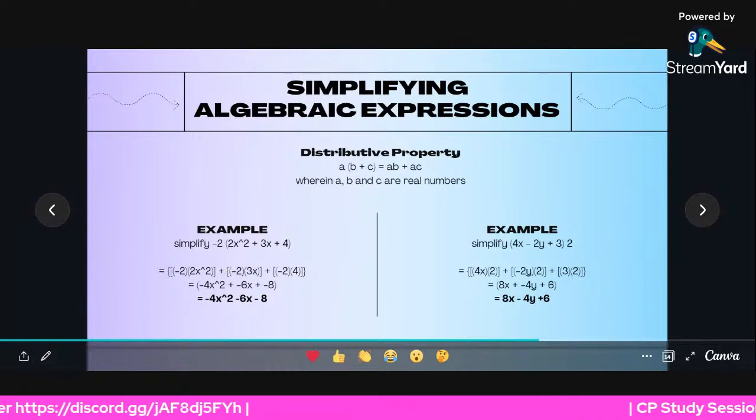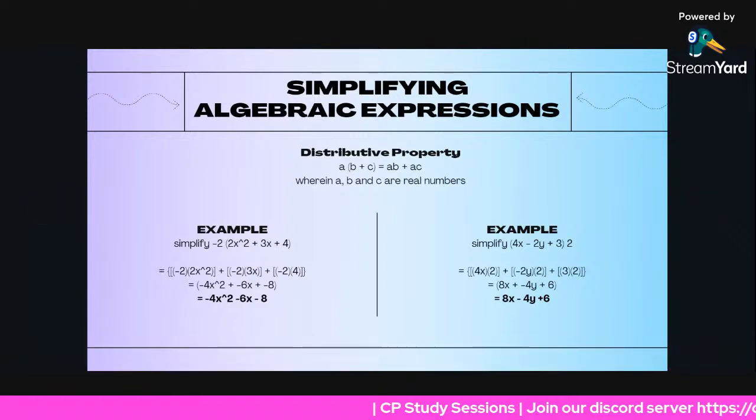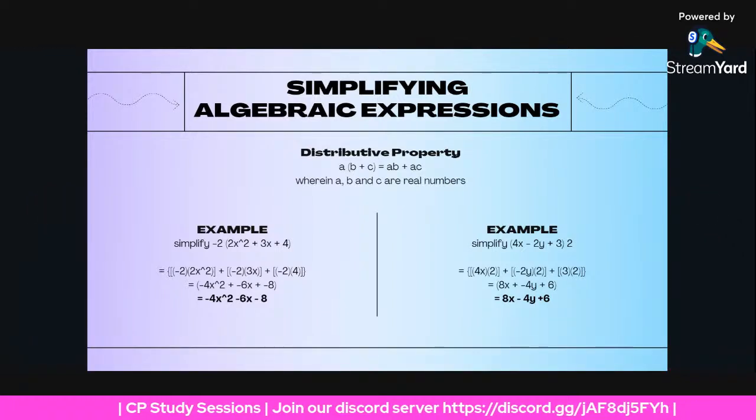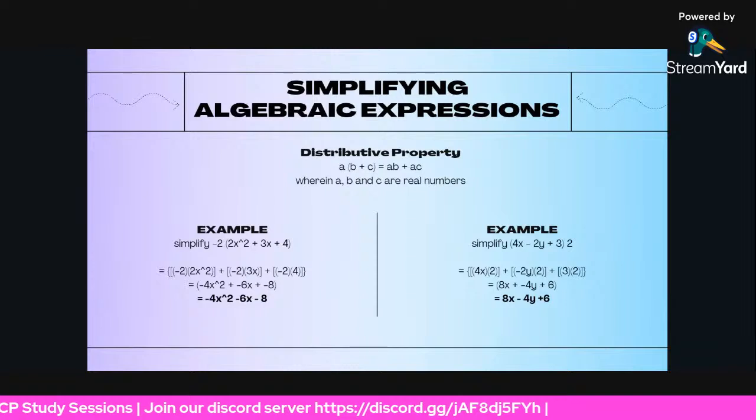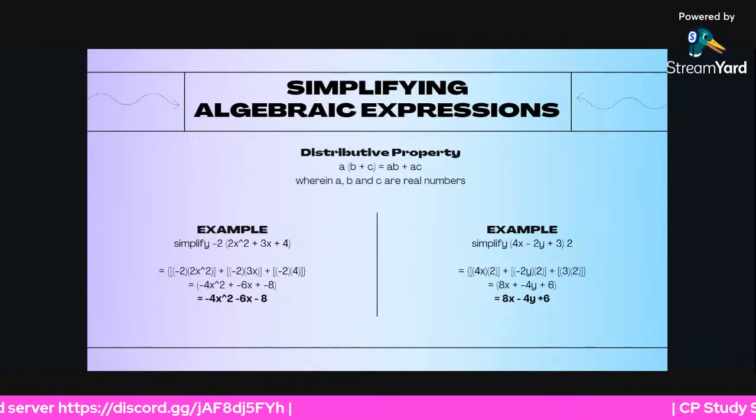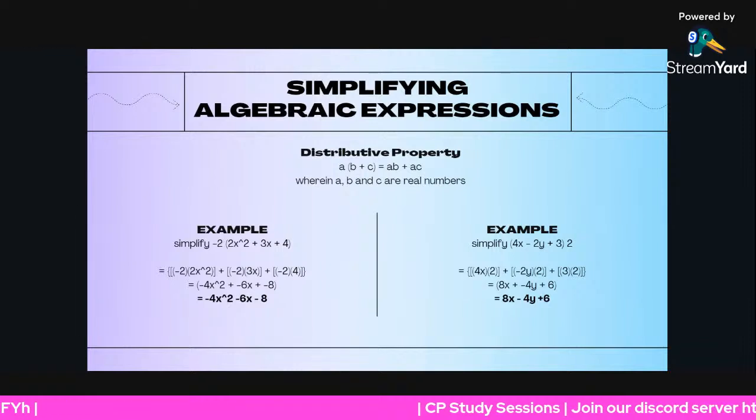So, dito, negative 2 times 2x squared is equal to negative 4x squared. So, bakit siya naging negative 4? Naging negative siya kasi you combined terms whose symbols are hindi similar.